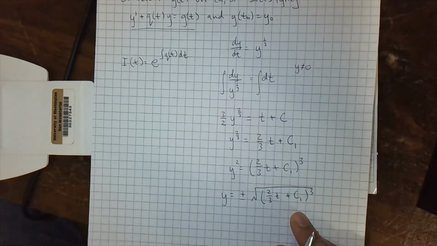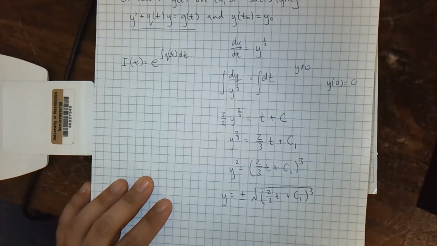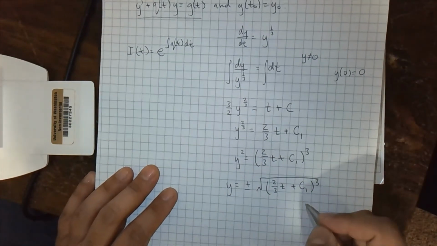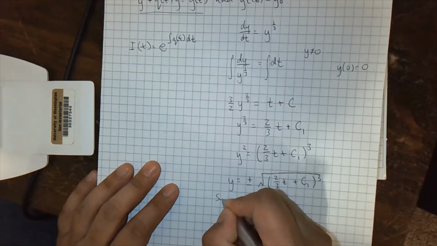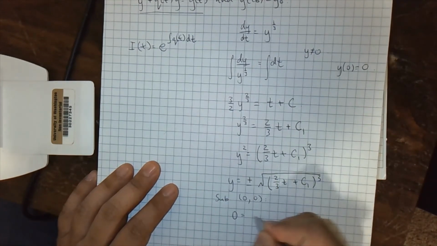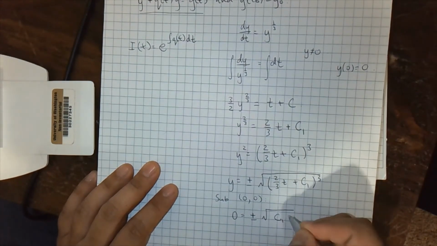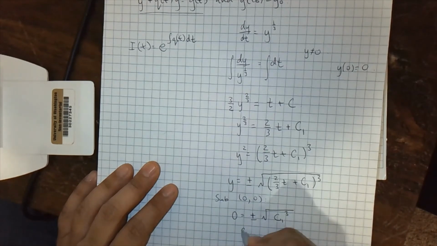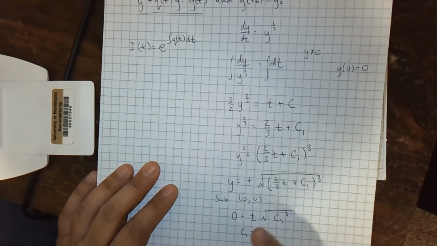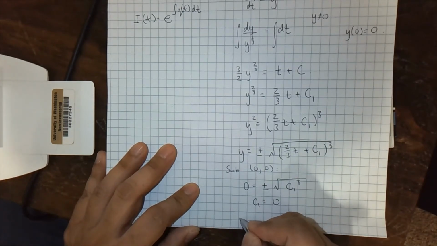Now, let's say we have some initial value. Let's say y of 0 is 0. I'm hoping for a unique solution because that's why I like math. I'm going to substitute 0, comma 0. I get 0 equals plus or minus the root of c1 cubed. So c1 is 0 regardless of the plus or minus. Then I substitute this back in.